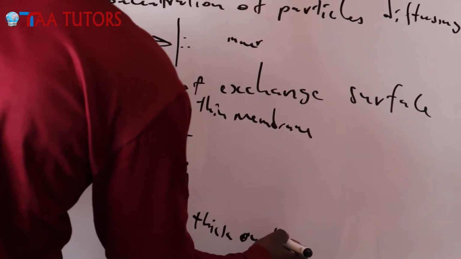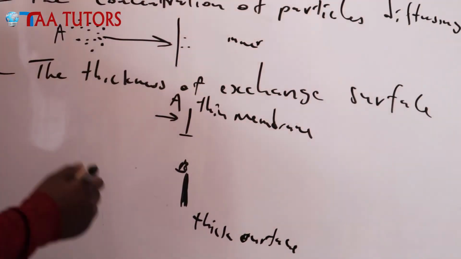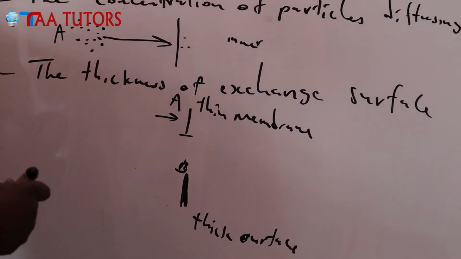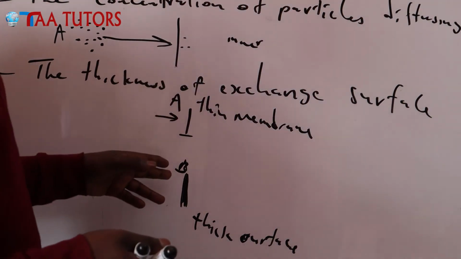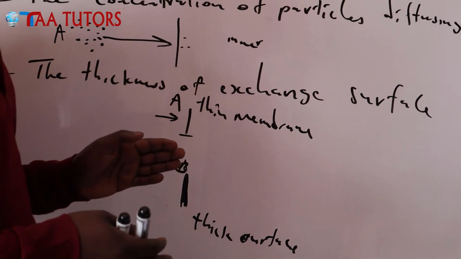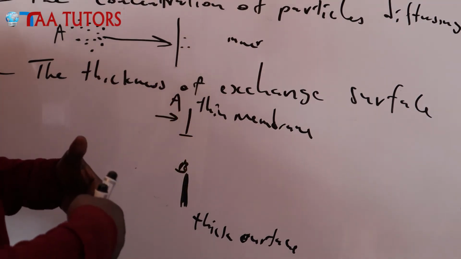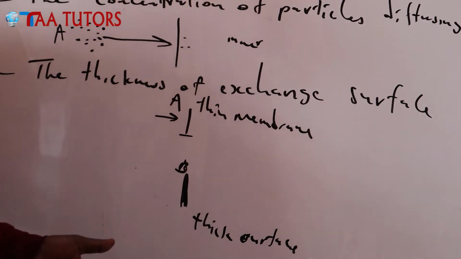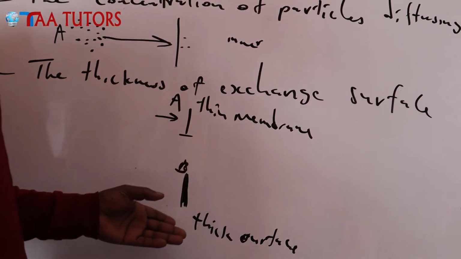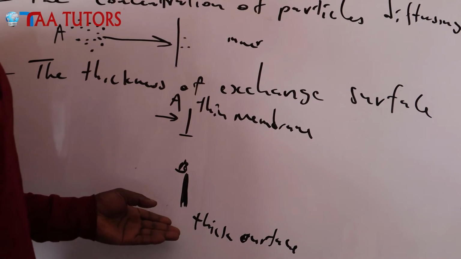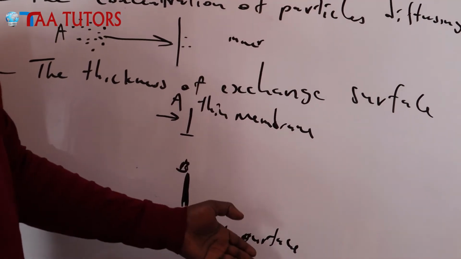In the thin membrane, the distance looks short, and in the thick membrane, there is more distance to be covered. So if there is more distance to be covered, it will take a little while for the molecule to pass through that membrane.